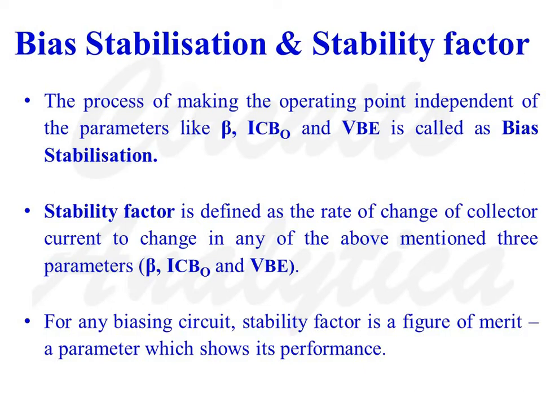Stability factor is defined as the rate of change of collector current to change in any of the above mentioned three parameters beta, ICBO, and VBE. For any biasing circuit, stability factor is a figure of merit, a parameter which shows its performance.